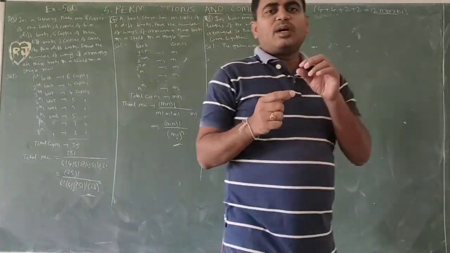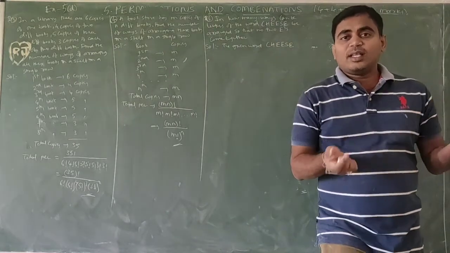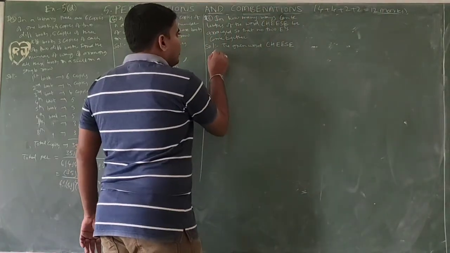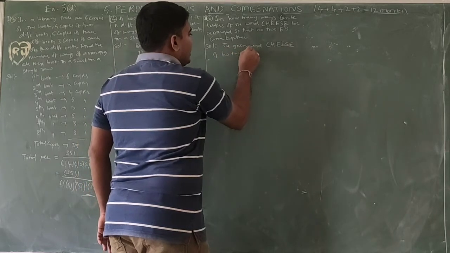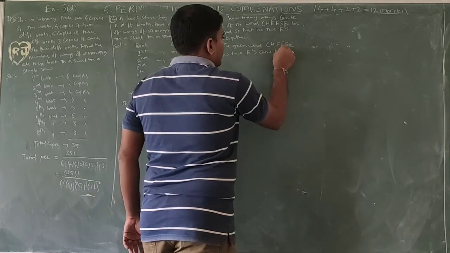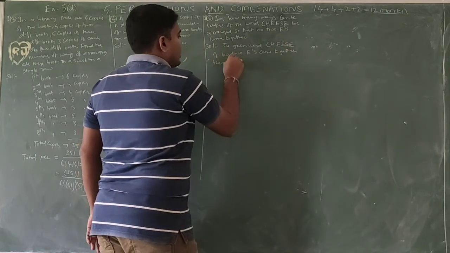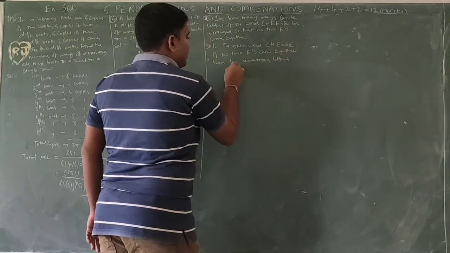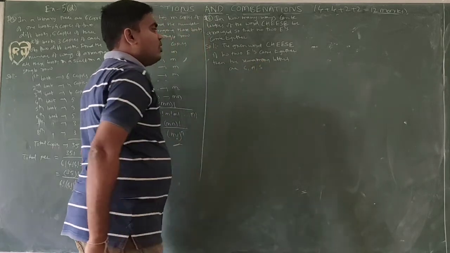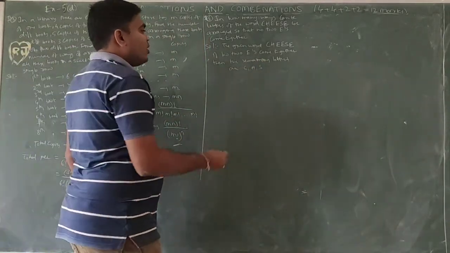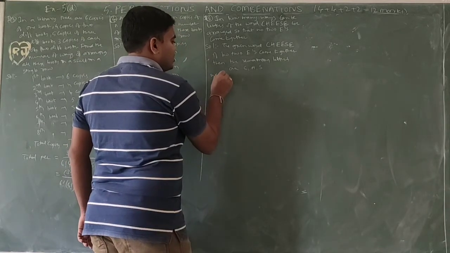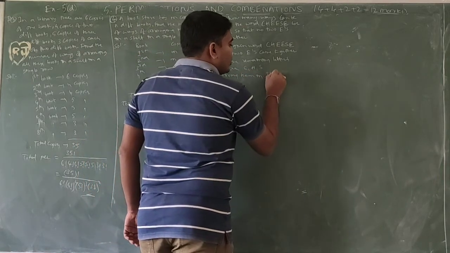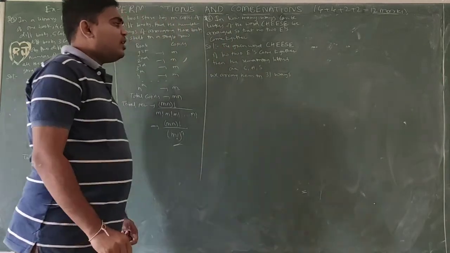If all come together, we need to consider them as one unit. If no two come together, we need to arrange the remaining letters first. So the remaining letters are C, H, S. We arrange these three letters in 3 factorial ways.